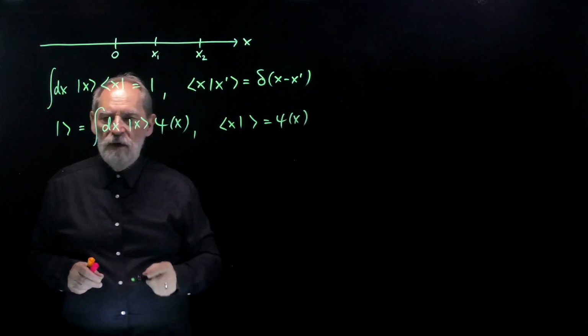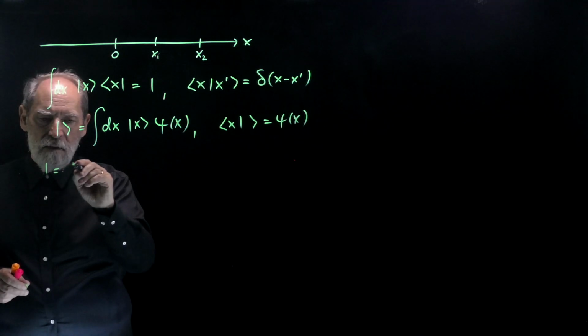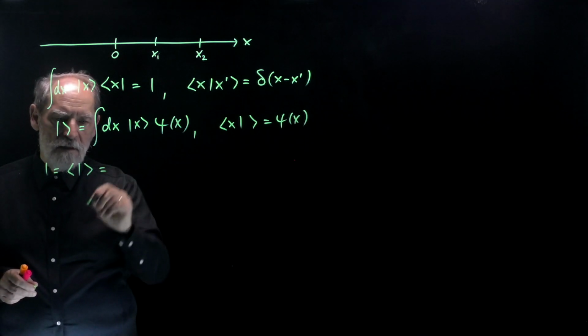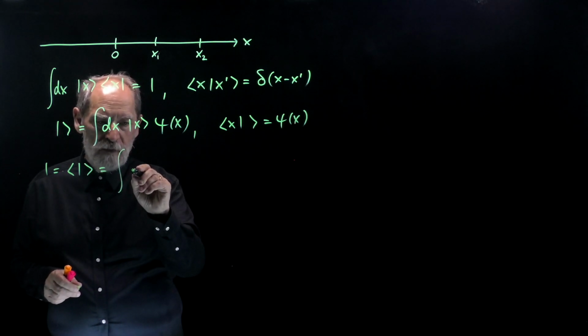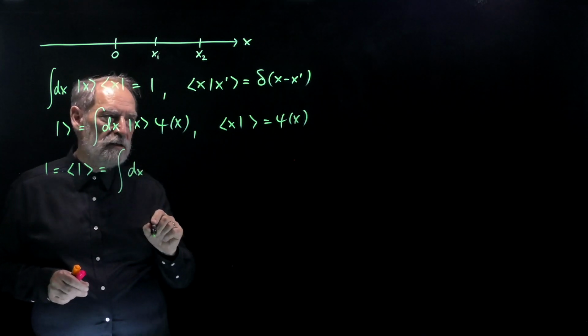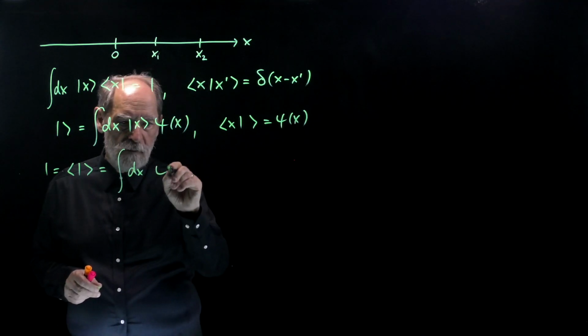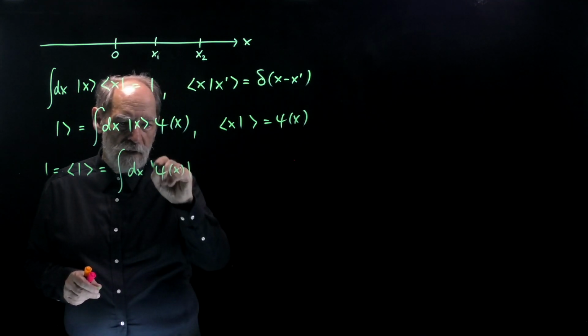And then, of course, the normalization of the state ket and bra to unit length becomes the integral over x of the psi of x complex conjugate squared.